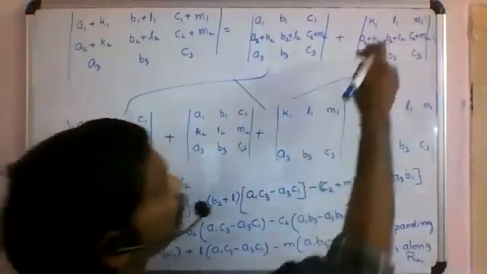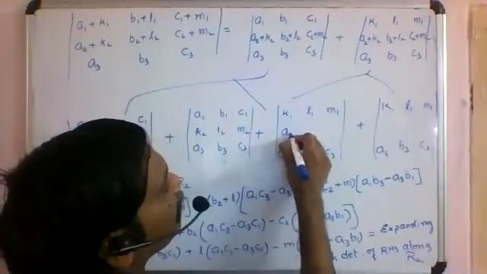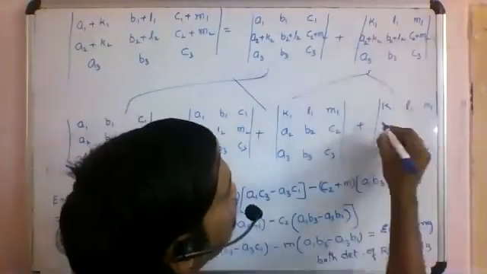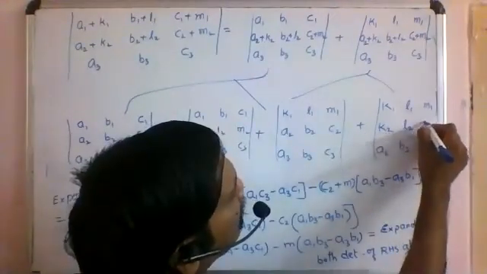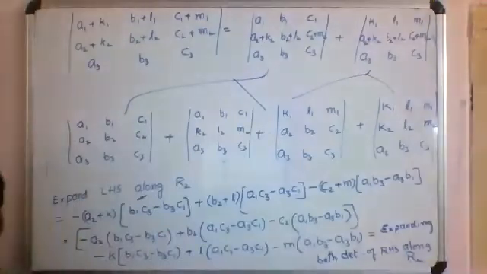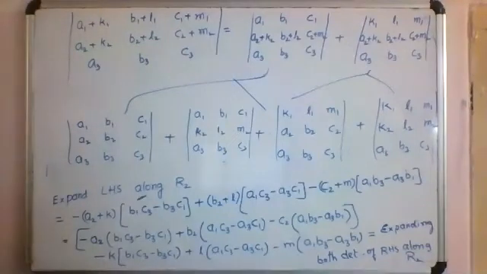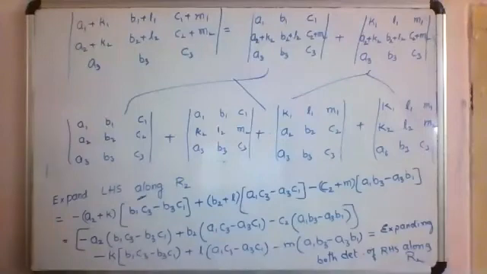And second one, all first elements should be written in first determinant, A2, B2, C2. In second determinant, second numbers come, K2, L2, M2. So this is how we split a determinant if this form is there, with 2 rows containing sum of 2 numbers. Okay, you can copy all this.